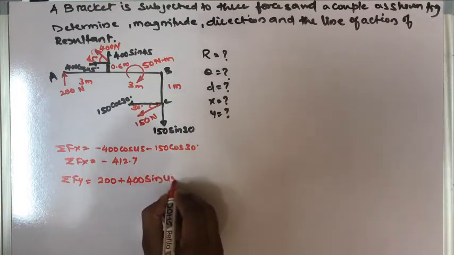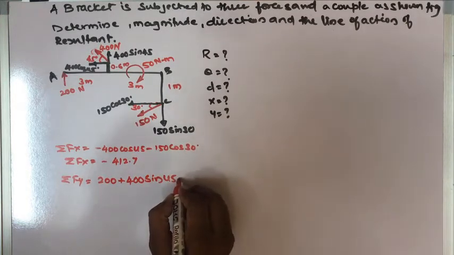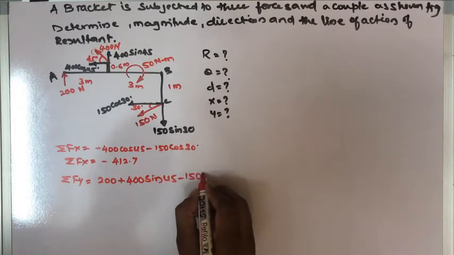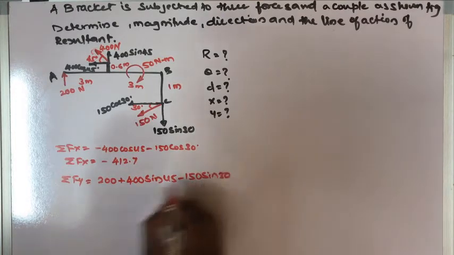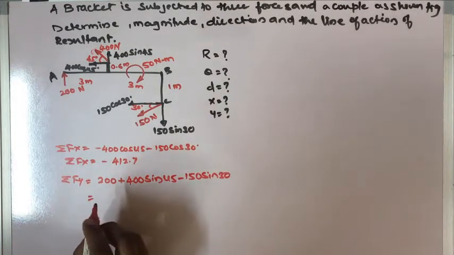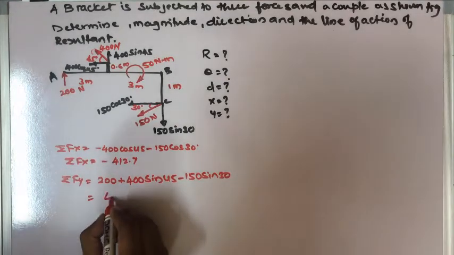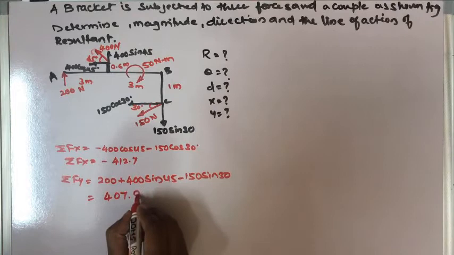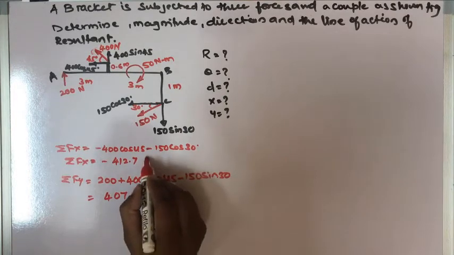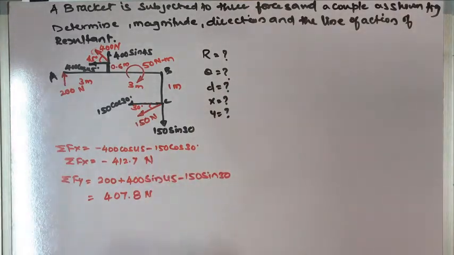Then 150 sine 30 is acting downward, so minus 150 sine 30 degree. If I calculate, I get the value 407.8 Newton. This is the value we get for the summation of Fx and the summation of Fy.